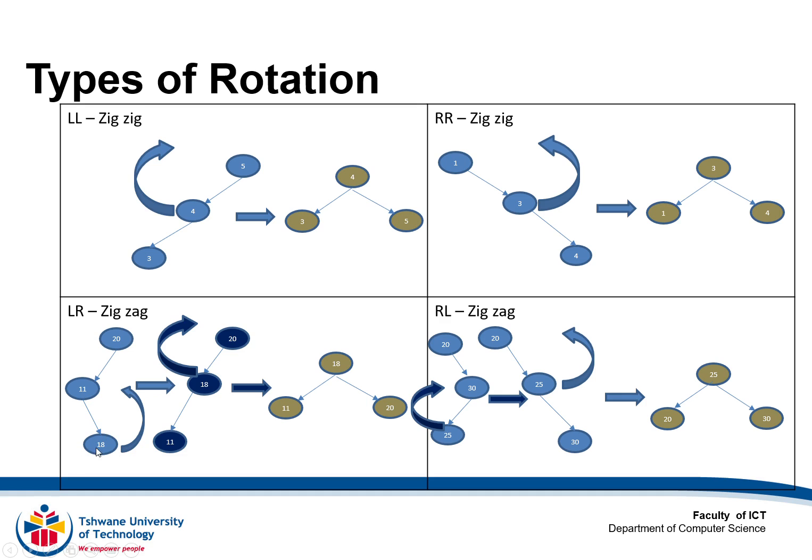So now, let's look at this. Given this tree, we need to rotate the bottom element with the middle element, effectively making 18 take the position where 11 is sitting. But 11 now will be to the left because it's less than 18. So it will be a left child of 18, which is basically what you see here. But now that you have got a left skewed tree, what you need to do is exactly what we did here at the top.